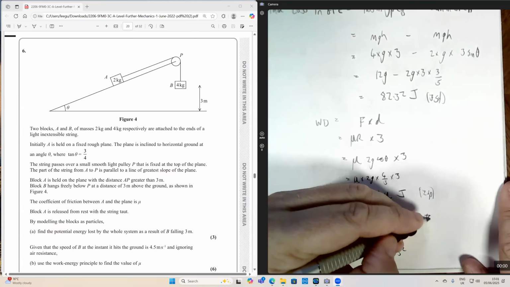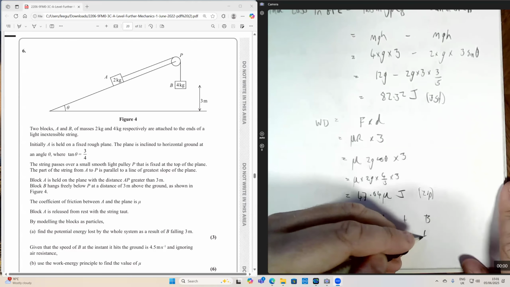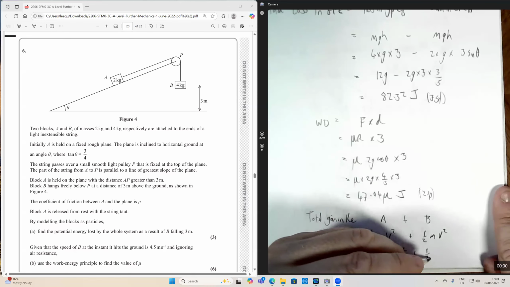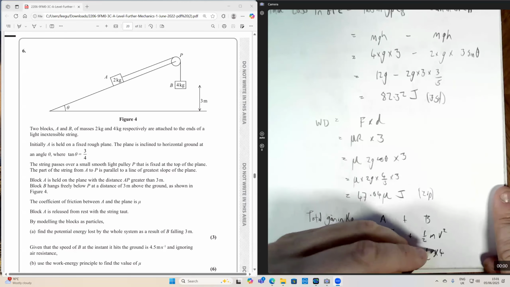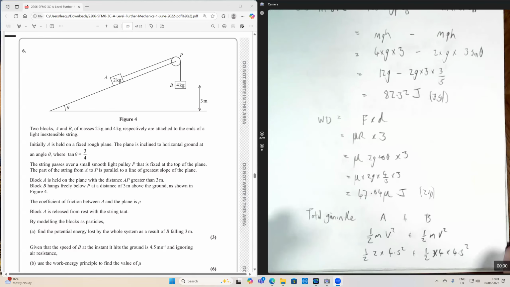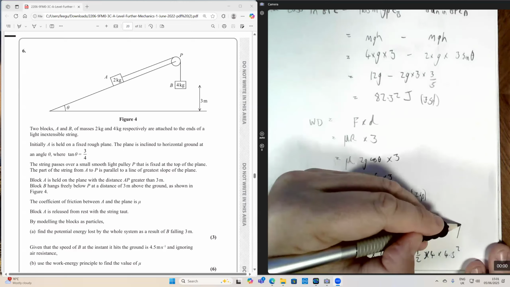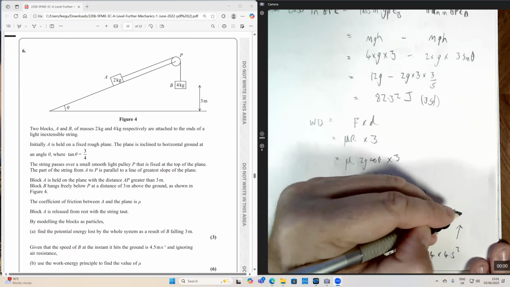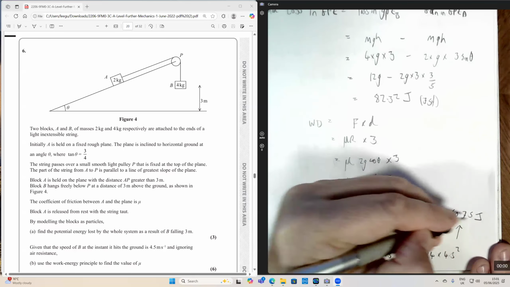The gain in kinetic energy for B is also going to be a half mv squared, which in this case is a half times 4 times 4.5 squared. So that's our total gain in kinetic energy, and when we add those two together, that turns out to be 60.75 joules.